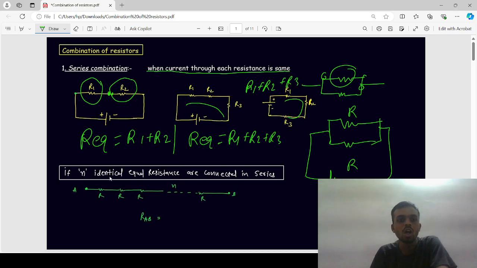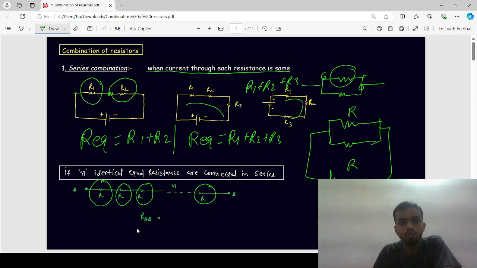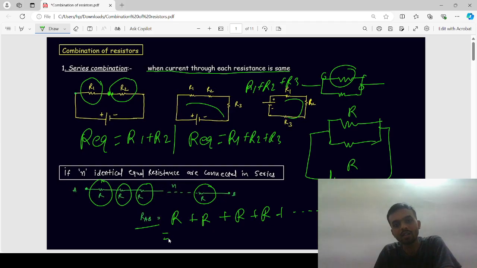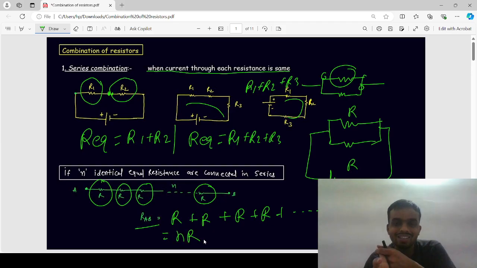Now we are moving to the next part where we have n resistors, each having resistance R. Over here it will be nothing but R plus R plus R, n times, right? So it will be nothing but n times R. So in series combination, it is very simple to calculate the R equivalent.